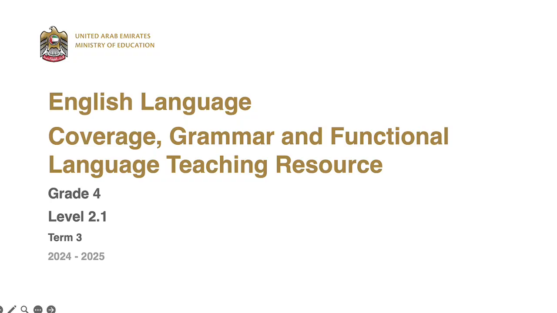Slide 1. Title Slide. English Language Coverage, Grammar and Functional Language Teaching Resource, Grade 4, Level 2.1, Term 3, 2024 to 2025. This is the title slide of our resource.